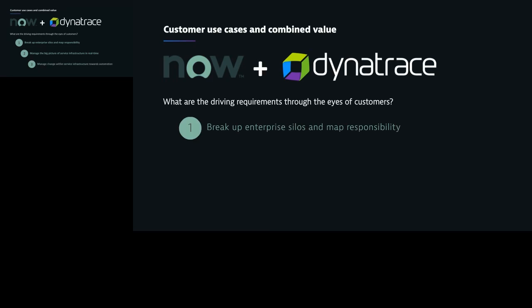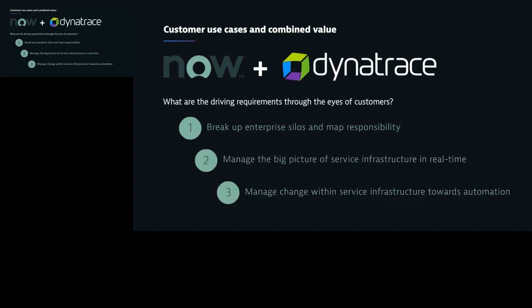And last but not least, of course, also to manage change within your service infrastructure and to manage that change towards automation. So especially in the current situation with the coronavirus, we see that the ops teams are, of course, in need of a higher level of automation in order to handle all that incoming traffic and that service stress, I would say.